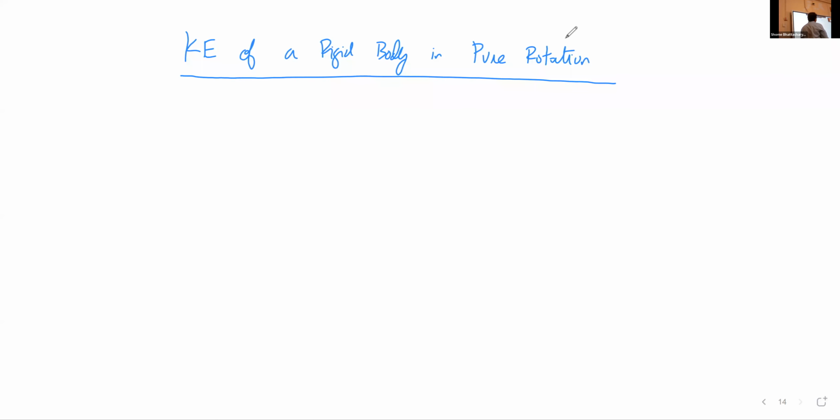That only applies in the case of translation. So how to describe the kinetic energy of a rigid body in pure rotation? And through this we will have our first encounter of the quantity called moment of inertia.